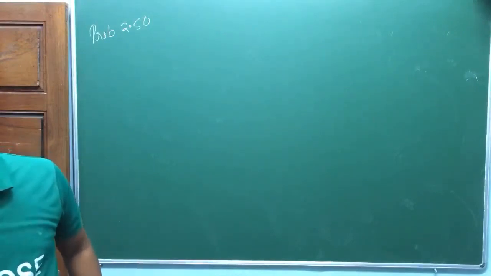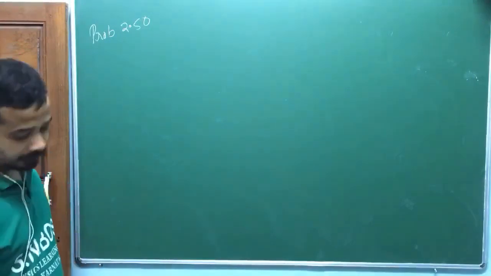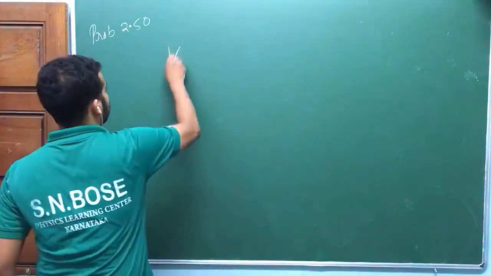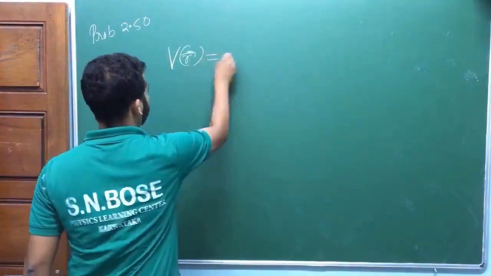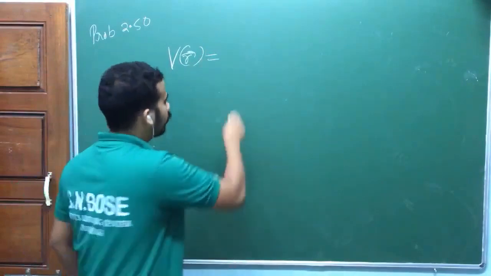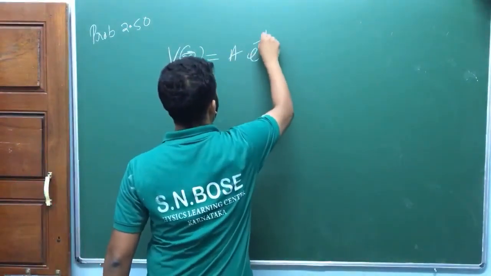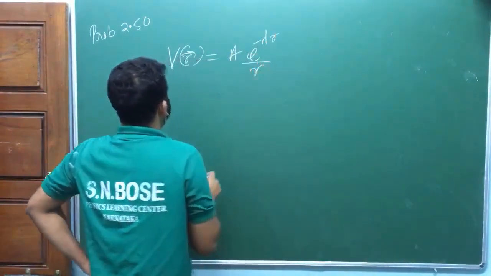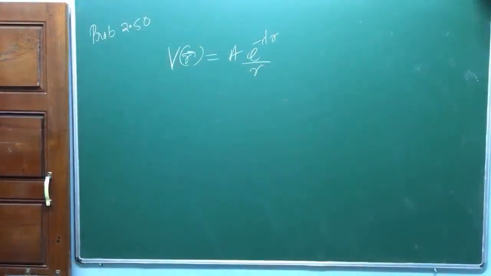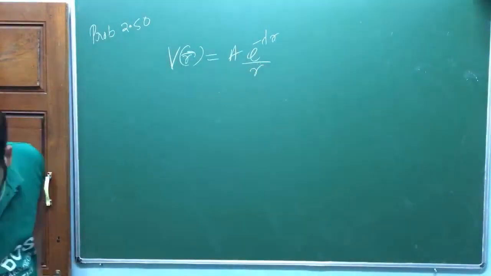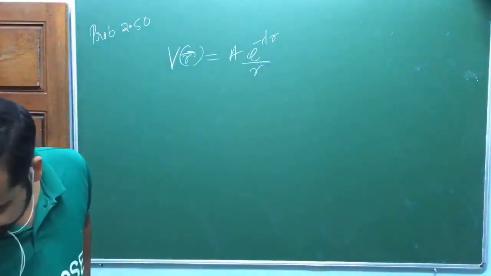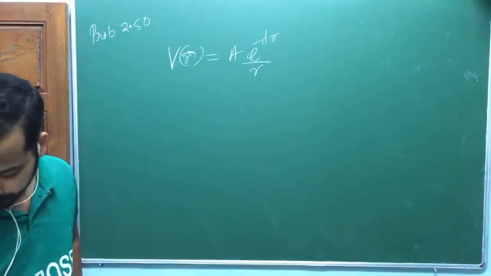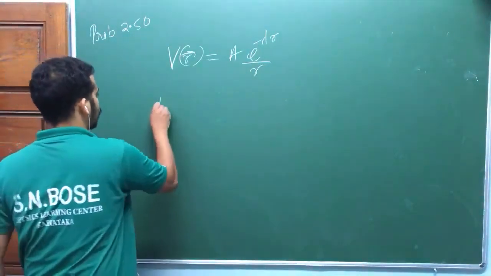So then again, let me quickly explain this 2.50. I hope the rest of the things you can do. 2.50, the potential is given, let me just give the hint. V is equal to A e power minus lambda r divided by r. And he's asking what is the charge density and what is the total charge. What is the electric field, then what is the total charge?